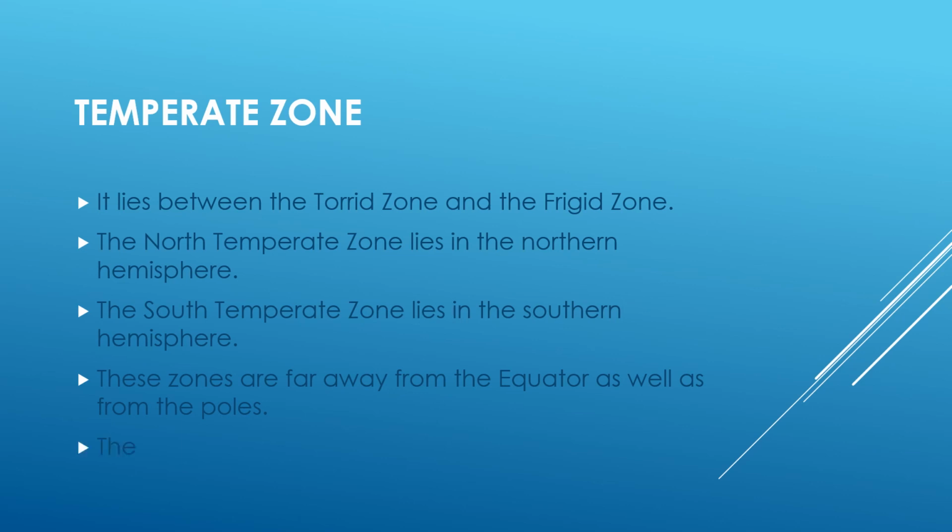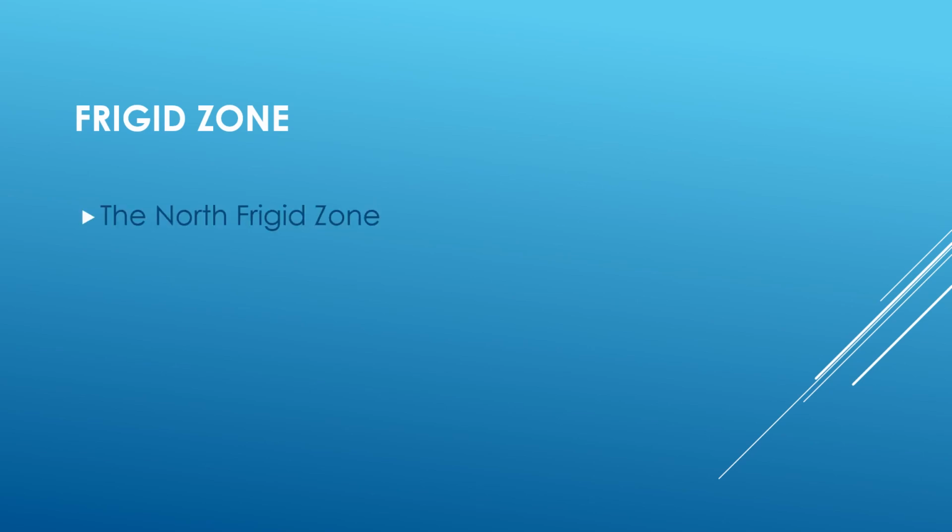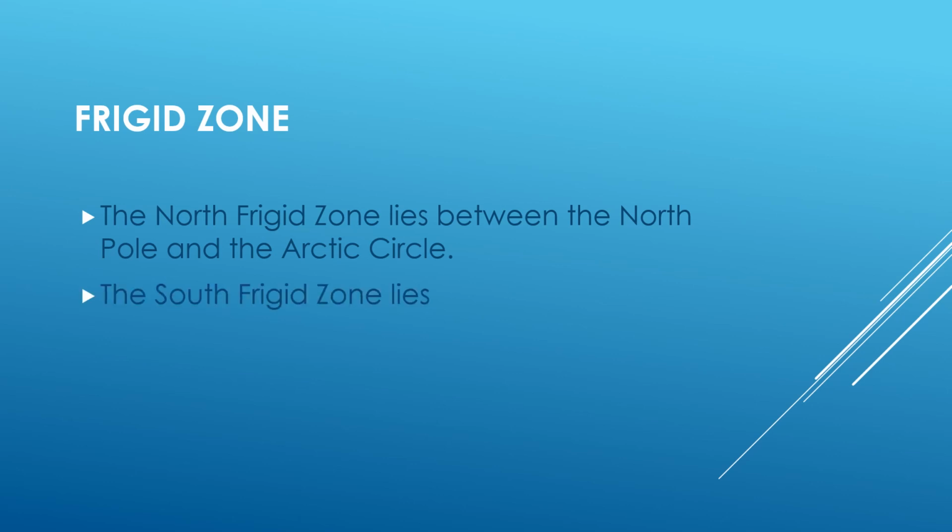The next zone is the frigid zone. The North Frigid Zone lies between the North Pole and the Arctic Circle, that is in the northern hemisphere at the topmost part. The South Frigid Zone lies between the South Pole and the Antarctic Circle, that is in the southern hemisphere.